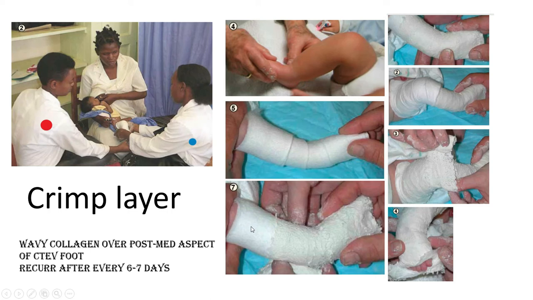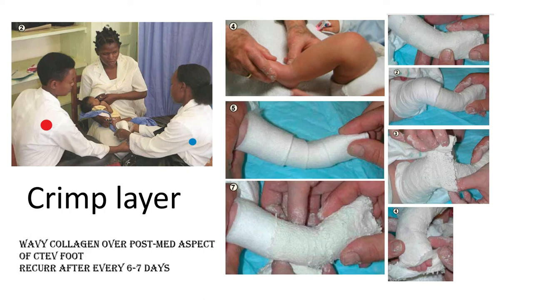We apply the plaster, then we correct. During this correction, after the plaster, we can give pressure over the soft skin. That is the most common mistake done by us.